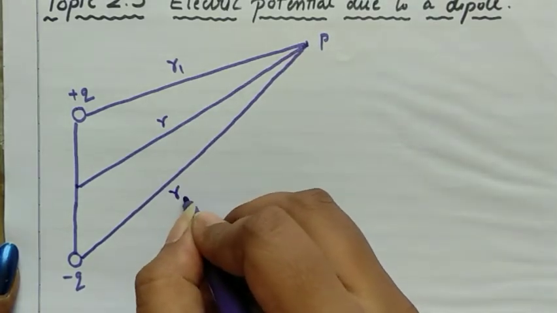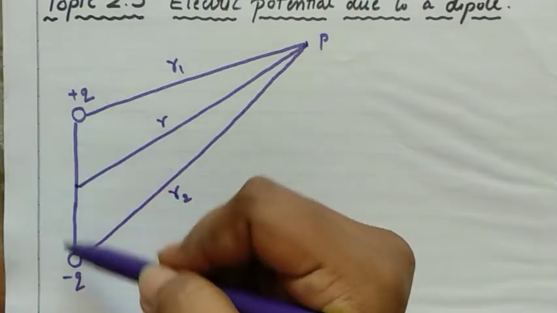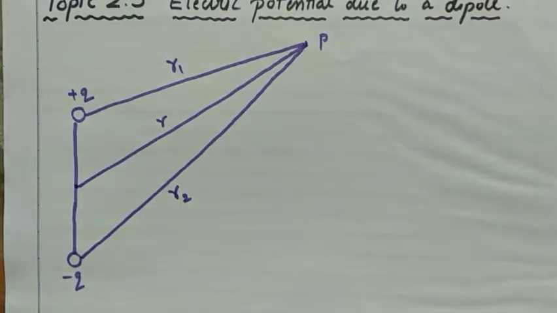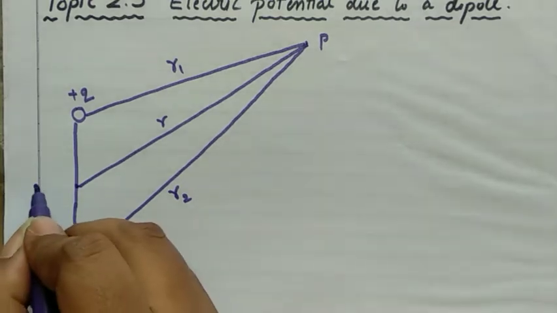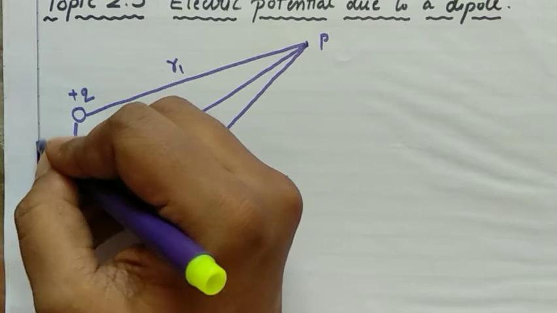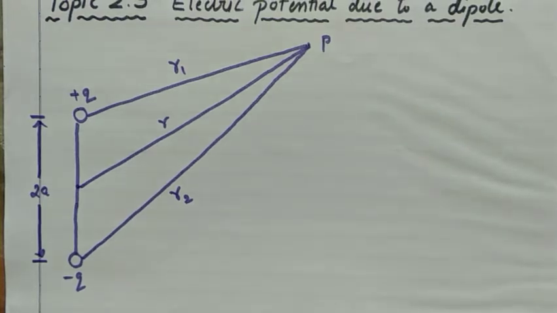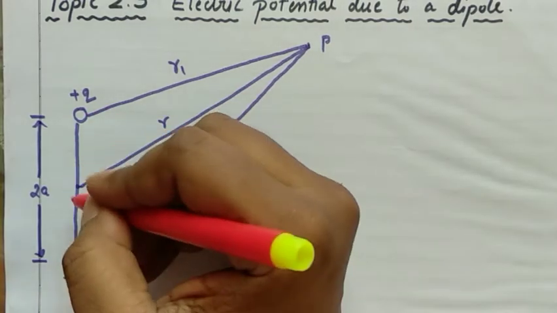We know that the distance between the positive and negative charge of a dipole is 2a, so I'll write that distance. We know that the direction of the dipole is from negative to positive charge.